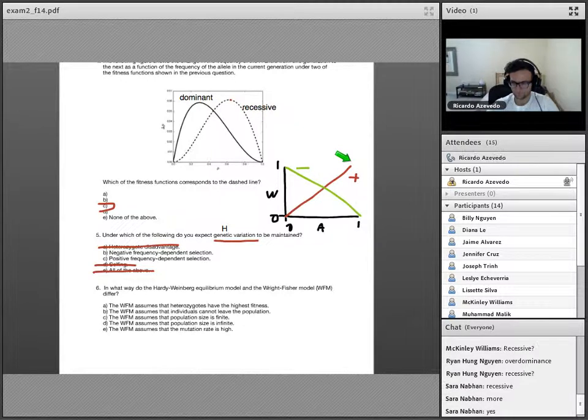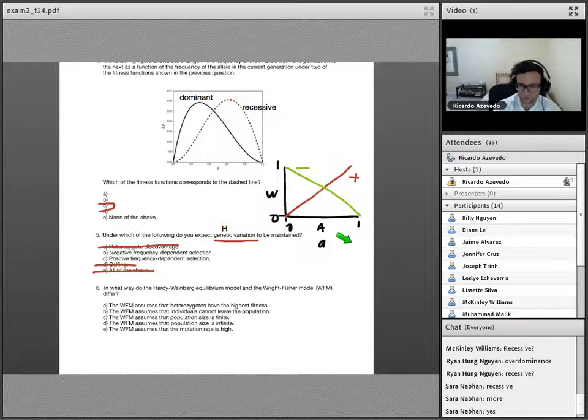Okay, so in the case of positive frequency dependence, when one allele gets a higher fitness value, selection is going to select for that allele. So there is no reason for selection to select for the other allele, which in this case would be lowercase a, right? So let's say all of them are diploid, AA is going to increase.